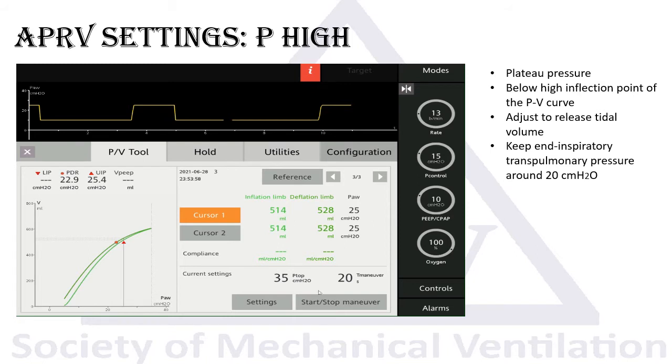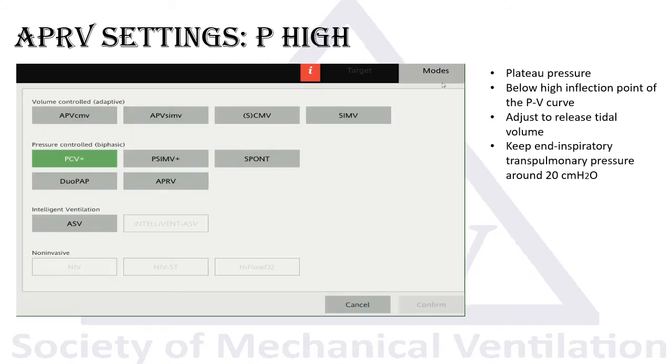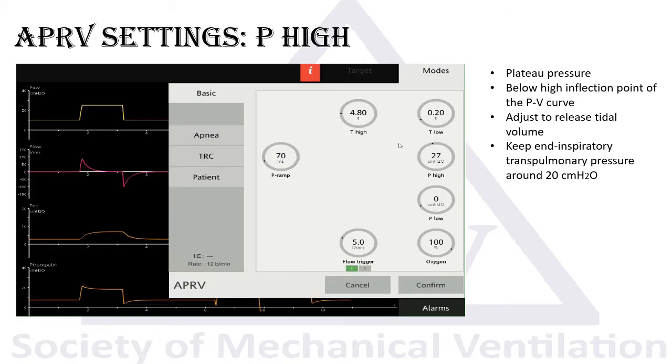So we'll put our patient according to those settings. We'll switch to APRV, and we'll start with the P high around 25. In this example, I put the patient on 4.8 second T high and T low 0.2 seconds, and we'll talk about this.